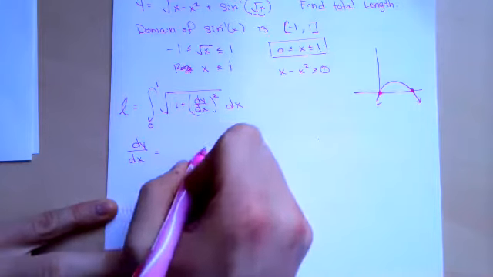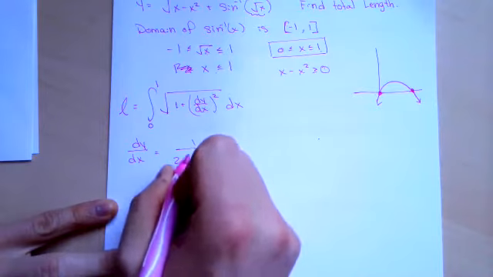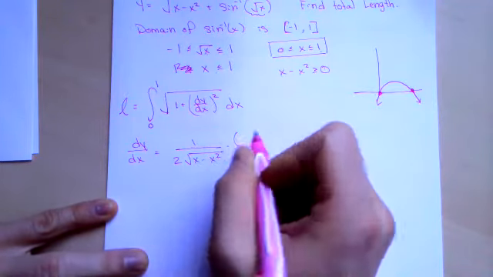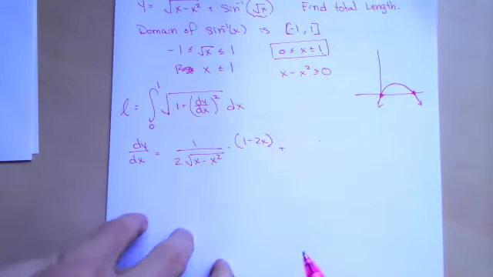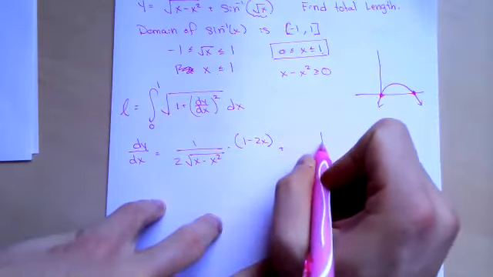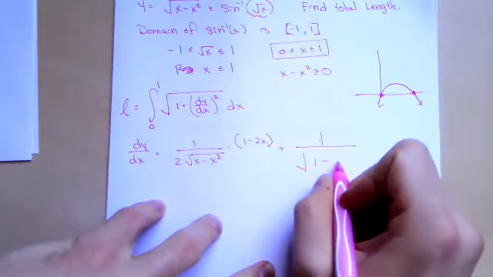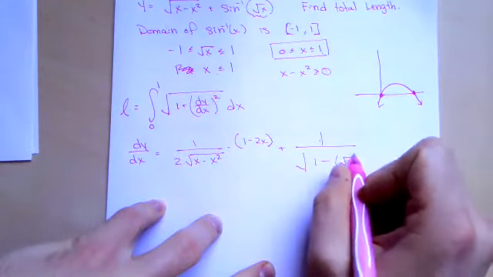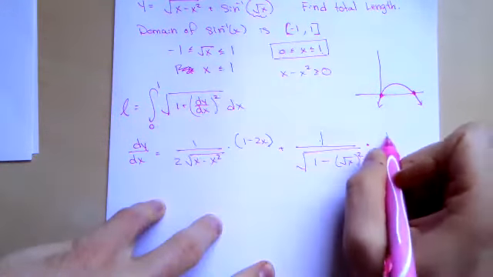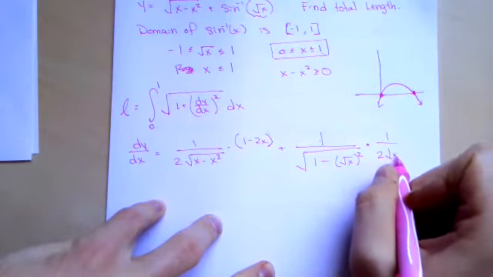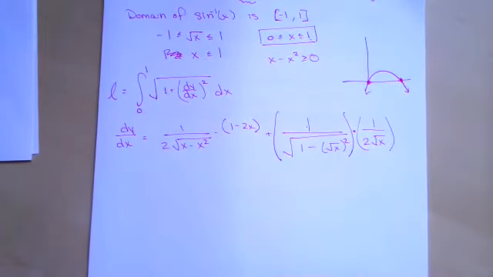We will have 1 divided by 2 square root of x minus x squared, times the chain rule gives me 1 minus 2x, plus the derivative of arcsine, which is 1 over the square root of 1 minus the inside function squared, times the chain rule, times the derivative of square root of x, which gives me a 1 over 2 square root of x.